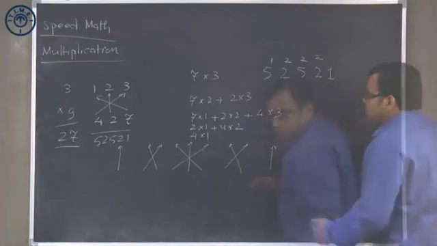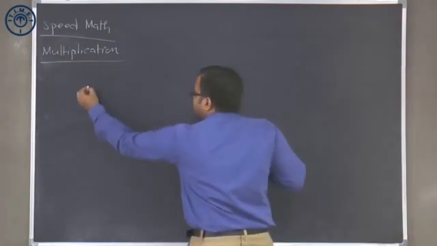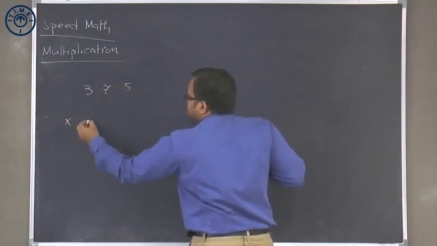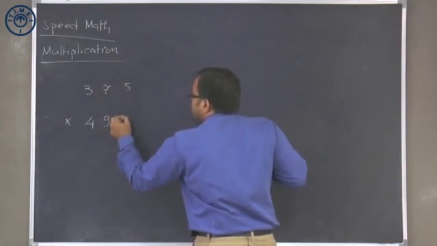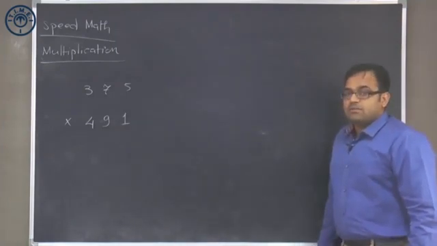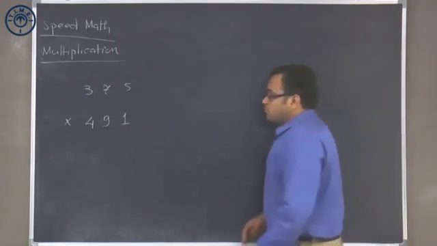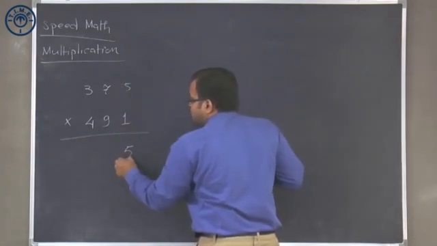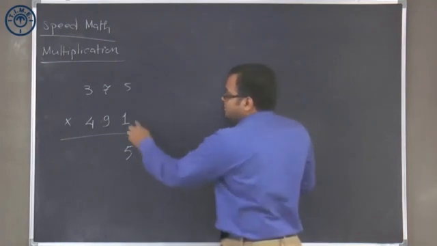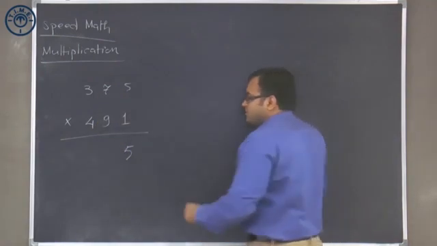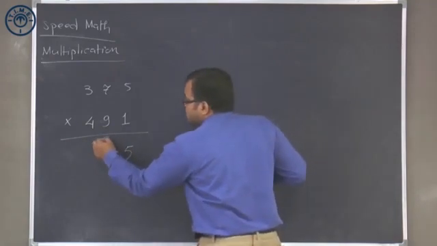Let's take another example. Let us say I have to multiply 375 with 491. So 375 multiplied by 491. What we will do is, step 1, 1 into 5 gives me a 5, no carry. Step 2, 1 into 7, 9 into 5, 9 5s are 45 plus 7 is 52, so this is 2, carry is 5.